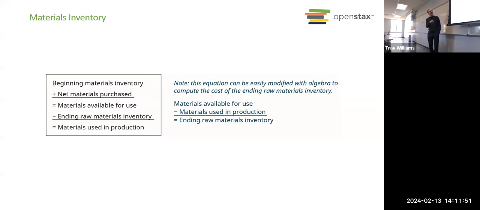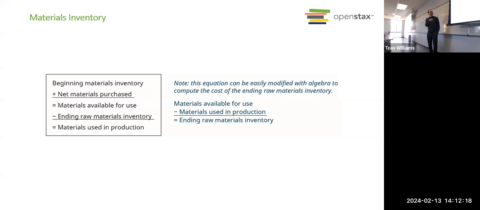But if you know how much you used in production, you can figure it out, because you can swap these last two in the formula if you need to. If you take the materials available for use right here, subtract out the materials used in production, that will tell you your ending raw materials inventory. Okay?